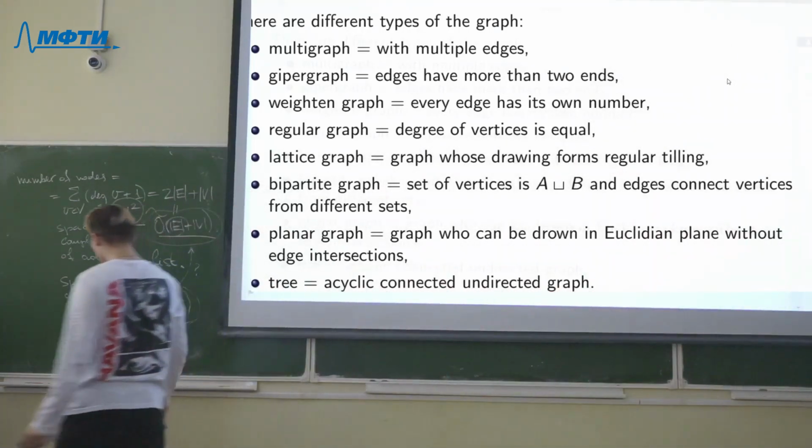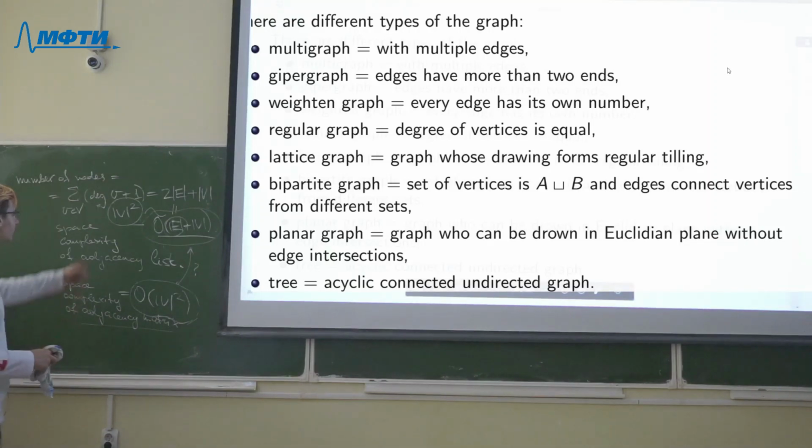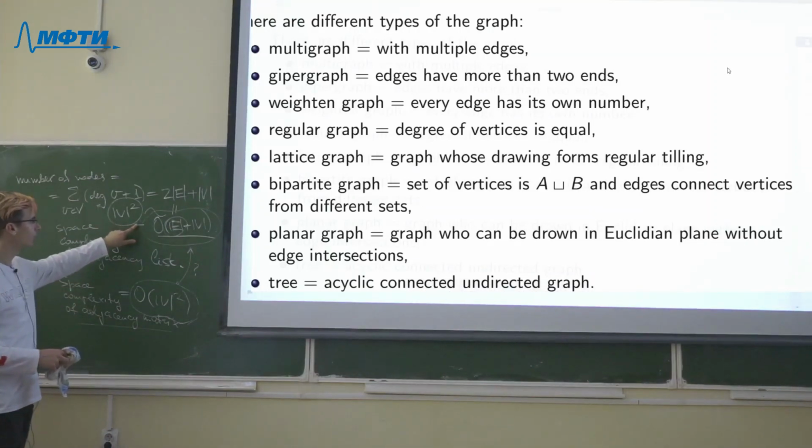So, as a result, when you use a graph for a concrete task, you need to understand what methods you need to use or what parameters of the graph we have.